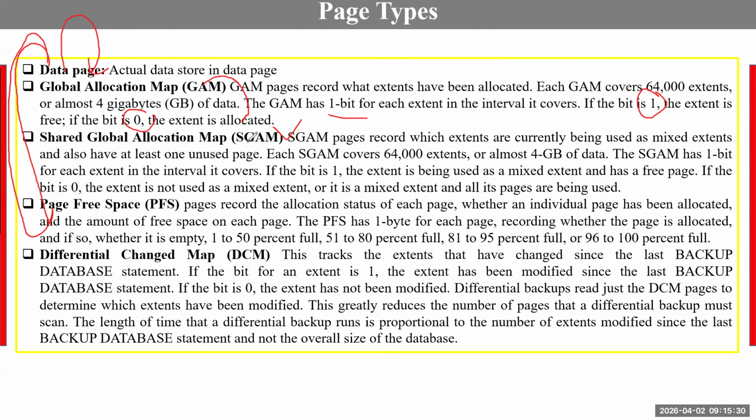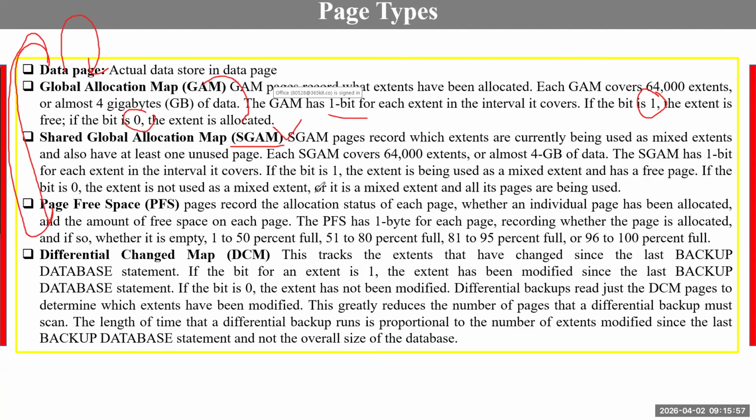So for that purpose, what is Microsoft doing? Microsoft is tracking the information. Extents are allocated by the GAM page. Now, whatever extents are allocated, does that extent have some free space, or is it completely filled with data? Who is going to track that? SGAM is going to track that information. How does it track?